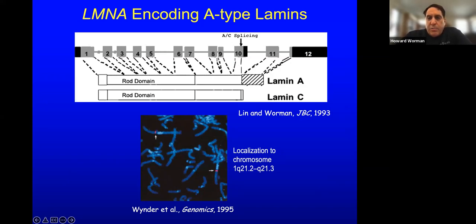It has 12 protein coding exons. Actually, there's another exon 1A within this large intron that encodes a germ cell isoform that we missed at the time. The gene encodes two proteins, Lamin A and Lamin C. Lamin A and C are identical for most of the way, and Lamin A has, or actually prelamin A has, 98 unique amino acids, and Lamin C has 6 unique amino acids.